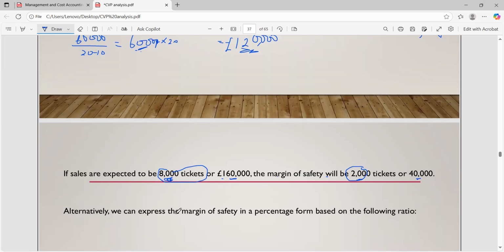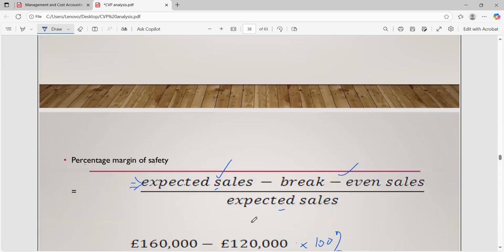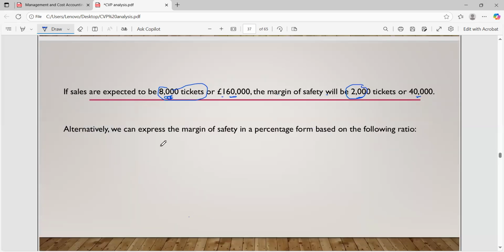So you see, alternatively, we can express margin of safety in percentage form. So it would have been the 160,000, which is the expected, minus the break-even of 120,000 over the 160,000 times 100. Then we can have 2,000 tickets over 8,000 tickets multiplied by 100, which is also going to give you 25%.